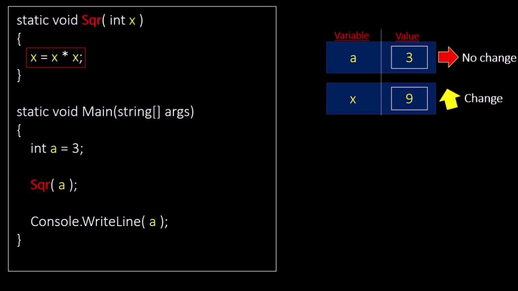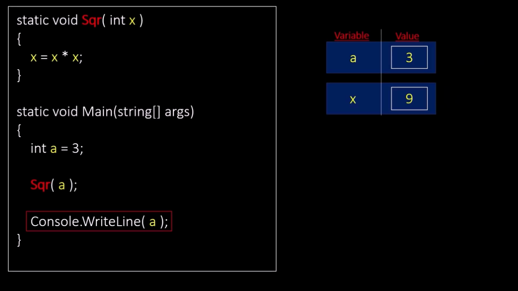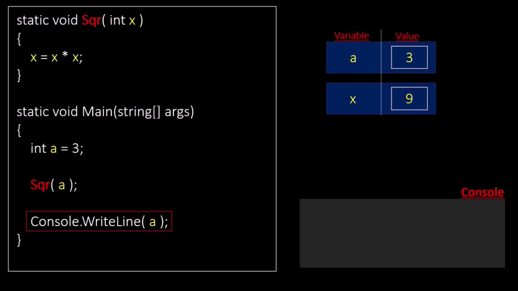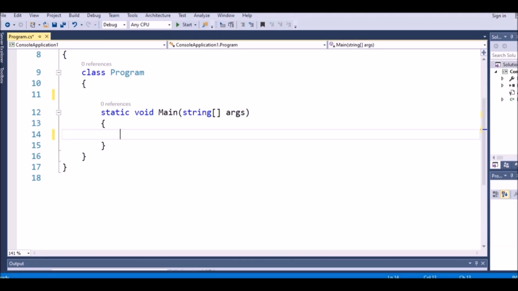This only changes x inside the method, it does not change a. Because remember, only a copy was sent. Finally, when the program goes back to the main method and prints out a, you see the result is still 3, not 9. Now let's see the real coding.